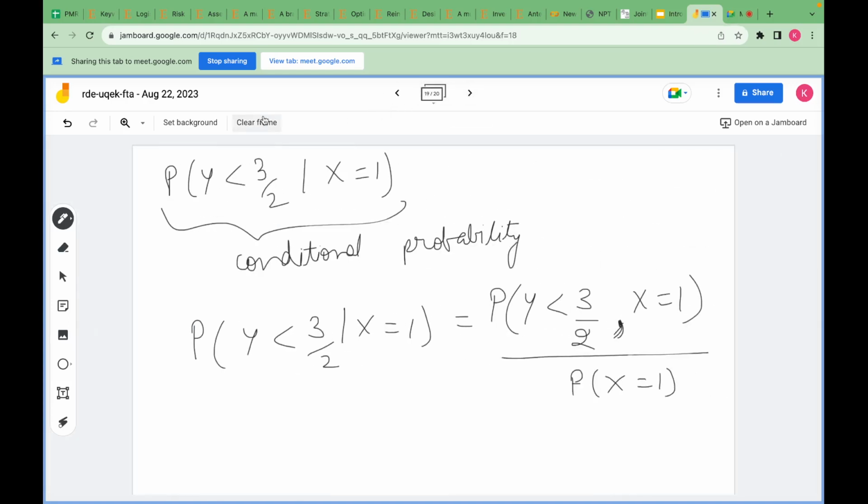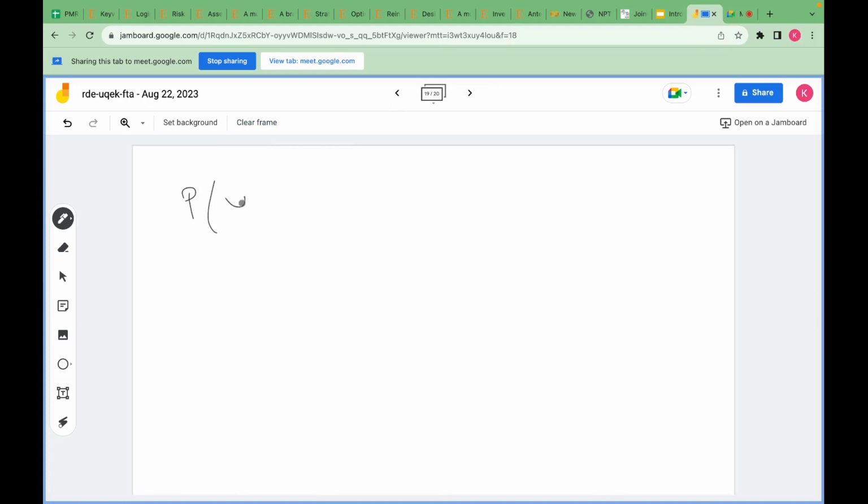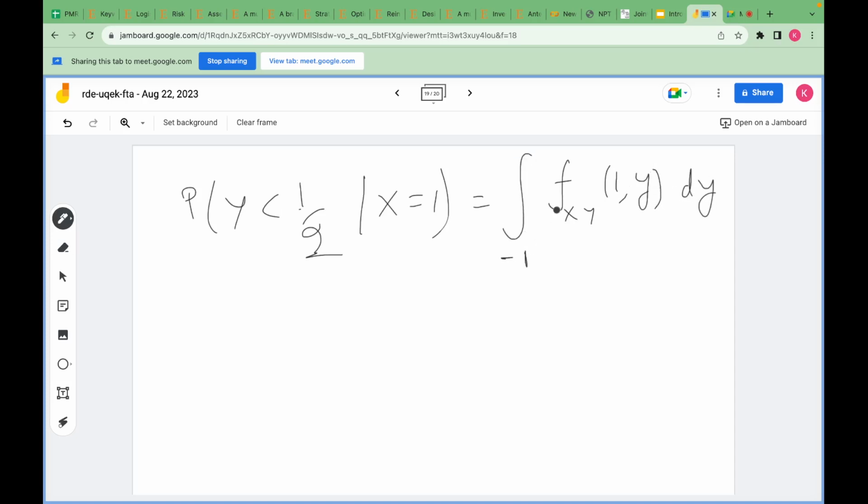In this question, if instead of y less than 3 by 2, it was given as y less than 1 by 2, then our probabilities will change, because here, in f of x, y, 1 comma y, dy, y will vary from -1 to 1 by 2, because we know that y should be less than 1 by 2, and we also know that y varies from minus x to x, and x is 1, so y varies from -1 to 1.